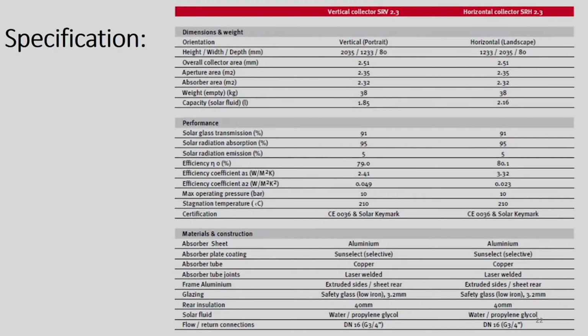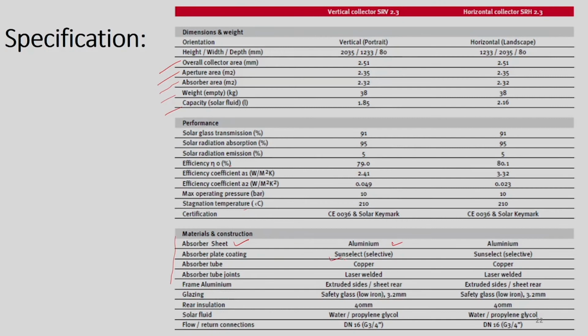And this slide shows the specifications of a commercial flat plate collector. So all the information is here. As you can see, overall collector area, aperture area, absorber area, weight capacity, then the solar glass transmission, solar radiation absorption, solar radiation emission, then efficiency and efficiency coefficient, maximum operating pressure, stagnation temperature, and then material and construction, the kind of material, absorber sheet, which is aluminum, absorber plate coating.